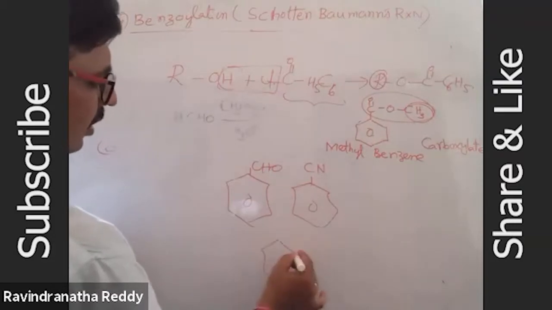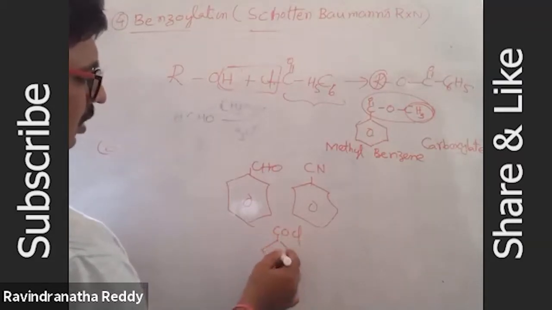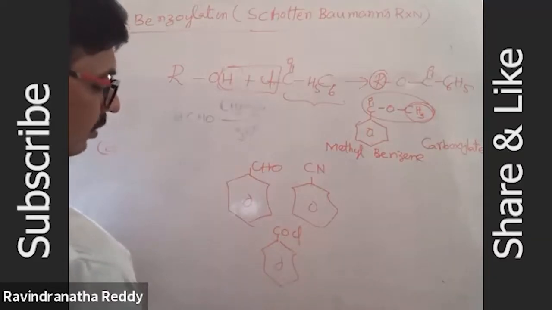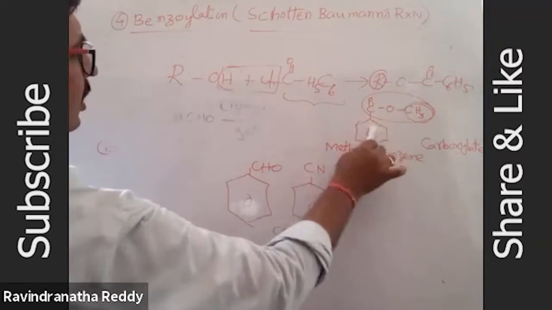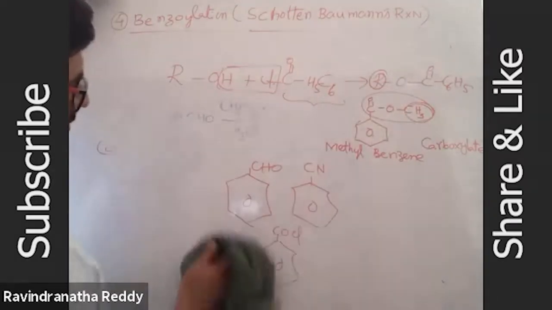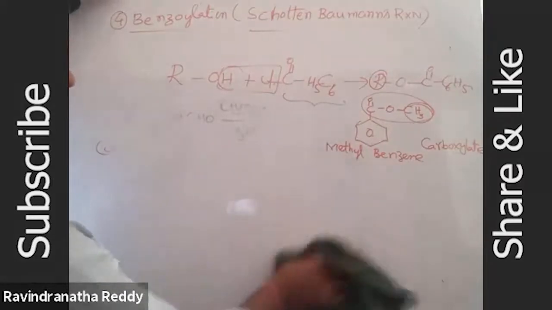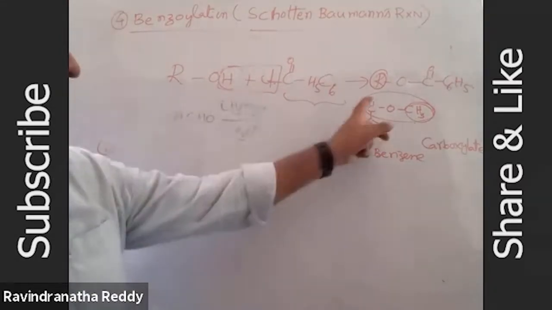On the benzene ring, COCl is benzene carbonyl chloride. Here also a special name comes, alkyl benzene carboxylate, because that is not counted in the longest carbon chain.